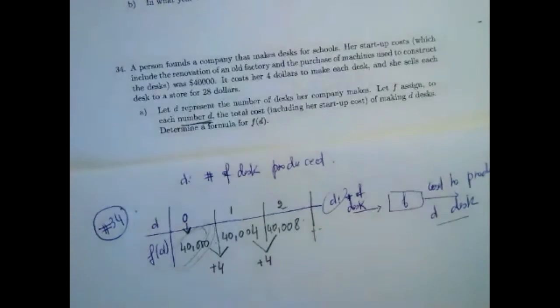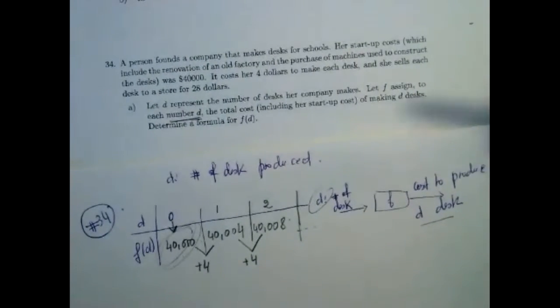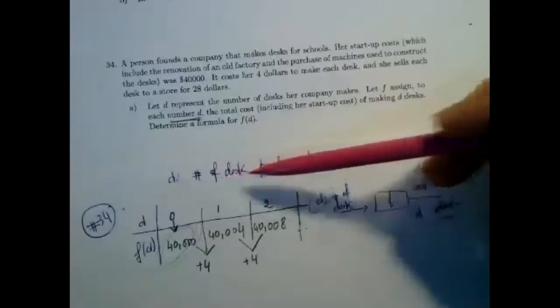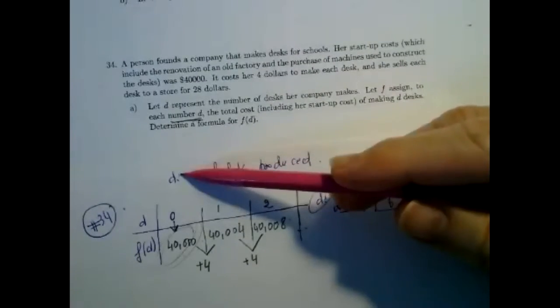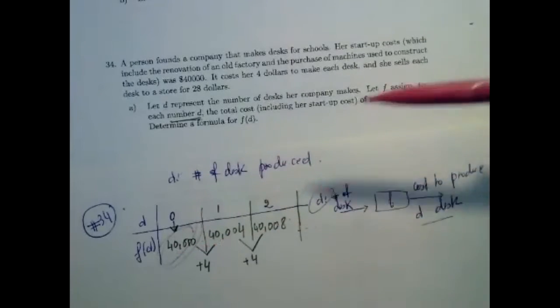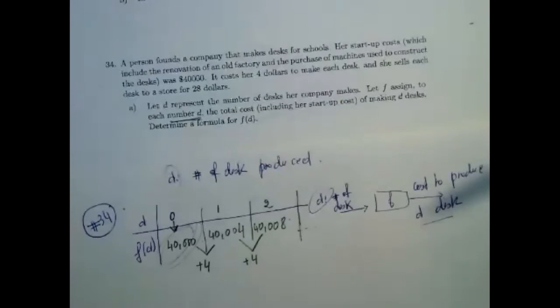All right, so it's crucial whenever you have a function to really sit down, read it, and try to make sense out of it. So D is not desk. D is the number of desks. As D changes, it means the number changes. Of course, the cost to produce that D is also changing with it.